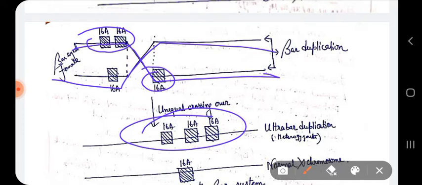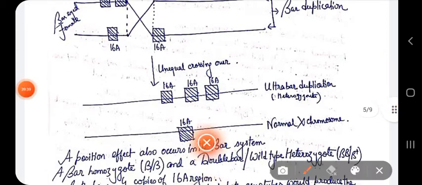While the lower one is the normal X chromosome, which has only one 16A region that has that bar I phenotype feature. So due to unequal crossing over as a result of misalignment of chromosome, it leads to this type of feature.